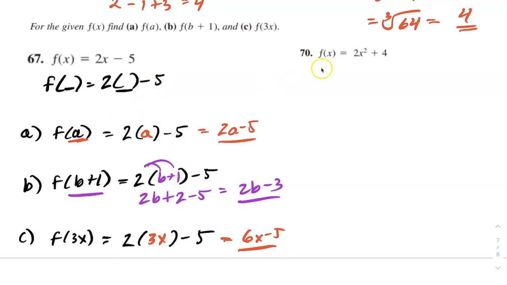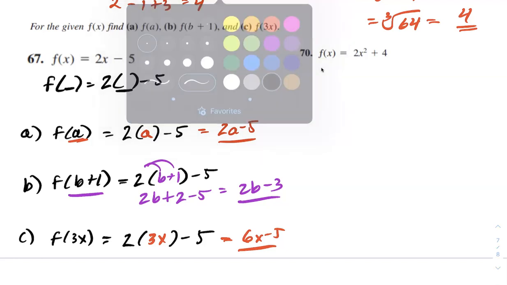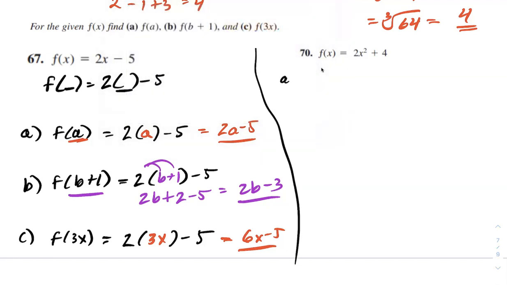The same thing goes for this one. So, a, they want to do f of a. B, they want to do f of b plus 1. And then c, they want to do f of 3x.